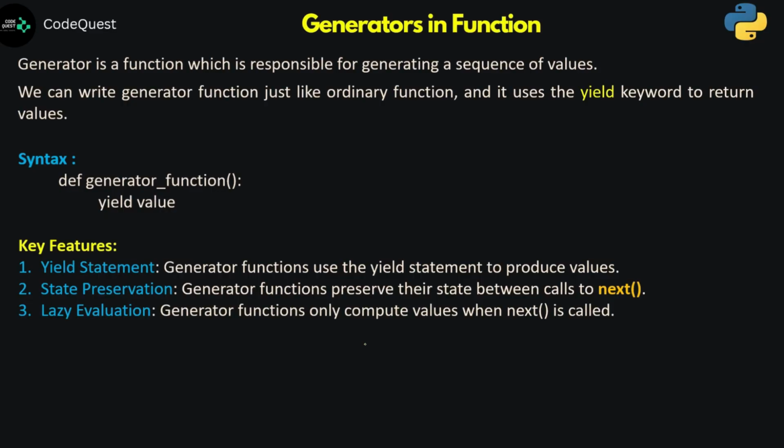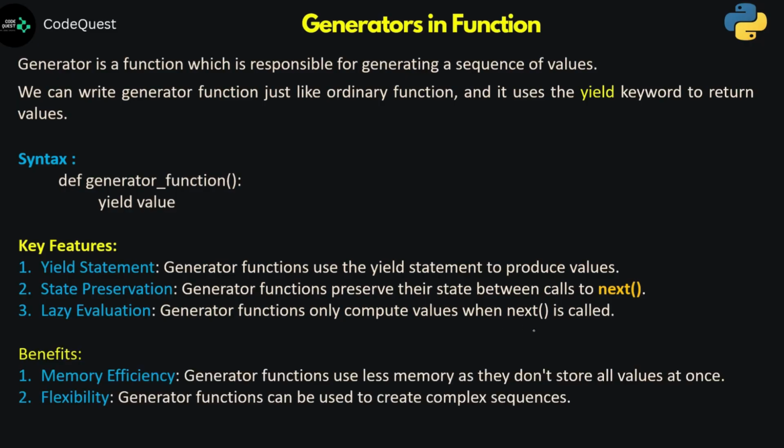So unless we call this next function, the next value which is supposed to be generated by the generator is not generated. Though it is responsible for delivering a sequence of values, it is going to give me the value only when we call the next function.